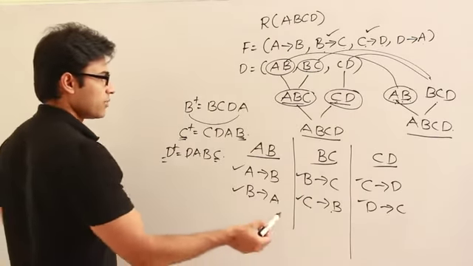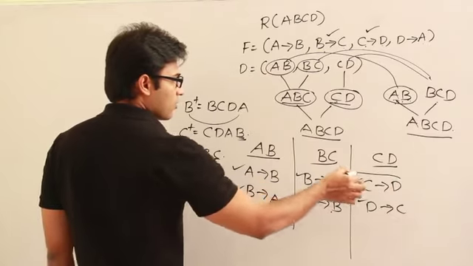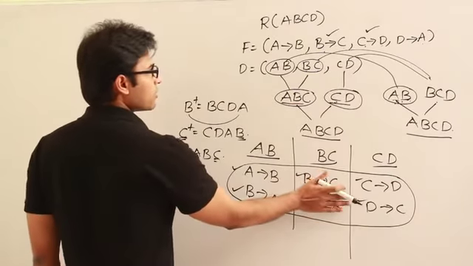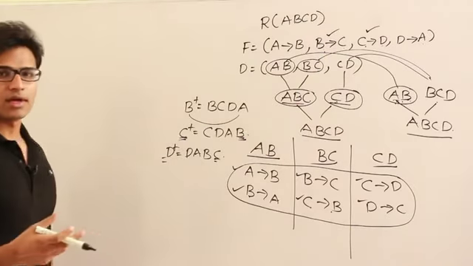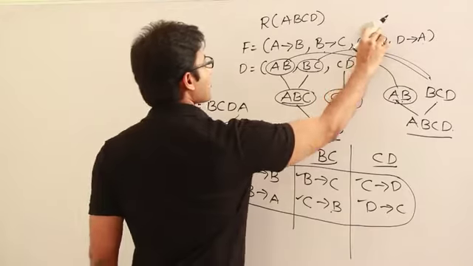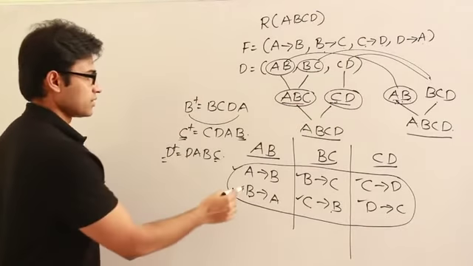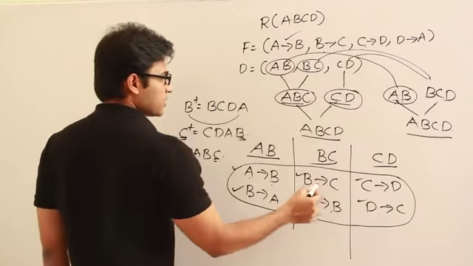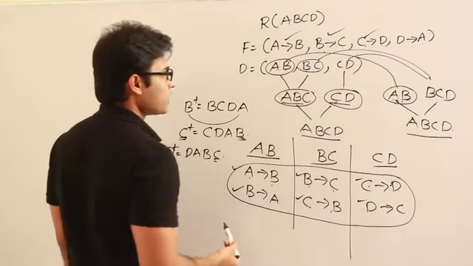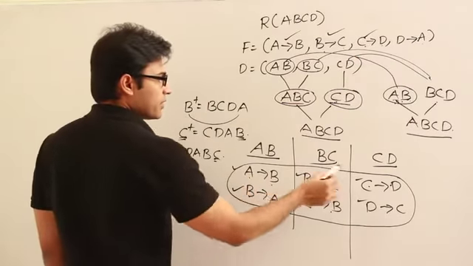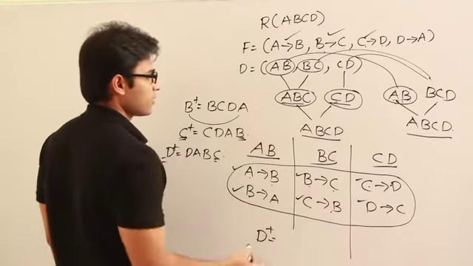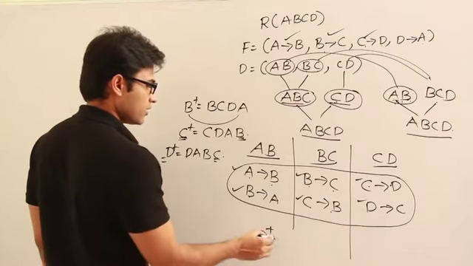Now these are all the functional dependencies which we got. So if I apply a union of all these functional dependencies, all of them together should cover the original. Then only we can say that the decomposition is dependency preserving. Let's see if all of them are covered or not. Is A determines B covered? Yes, A determines B is there, and B determines C, yes it is there, and C determines D, yes it is there, and D determines A, it is not there, right? But then on these functional dependencies, let's find out if D has the capacity to determine A, only using these functional dependencies, by finding out D plus.